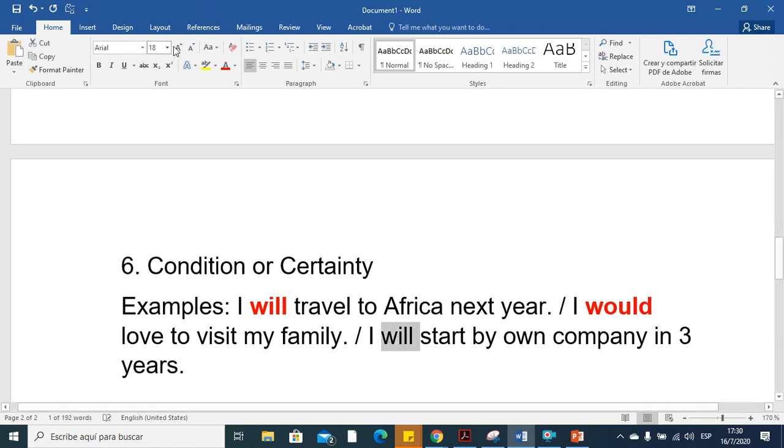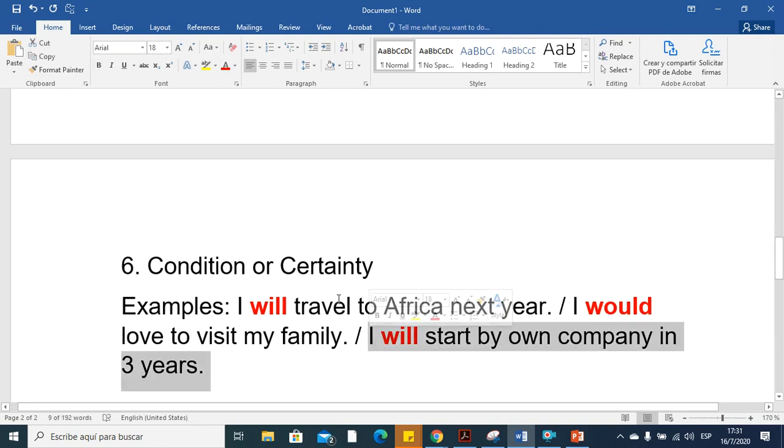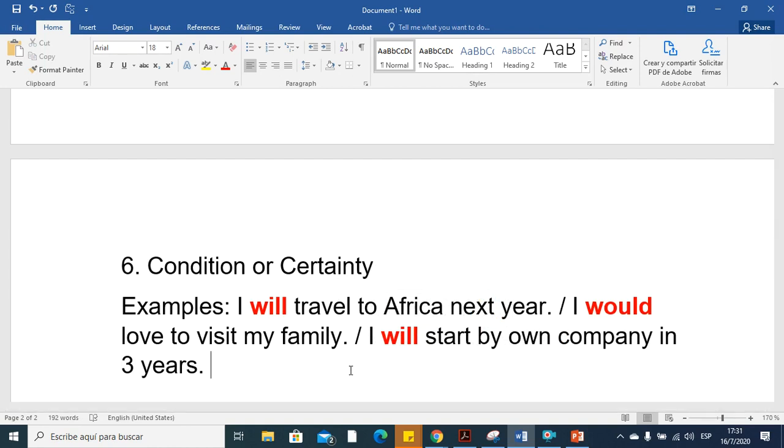This is again simple future, but this is also a modal. This is certainty because you're sure that you will start your company. Certain, que estás seguro, es una certeza ese punto. No hay ninguna duda sobre eso. I will start my own company in 3 years.